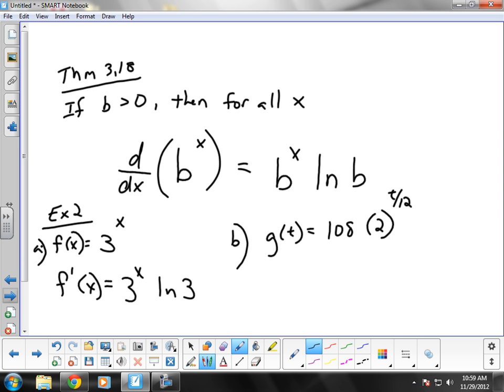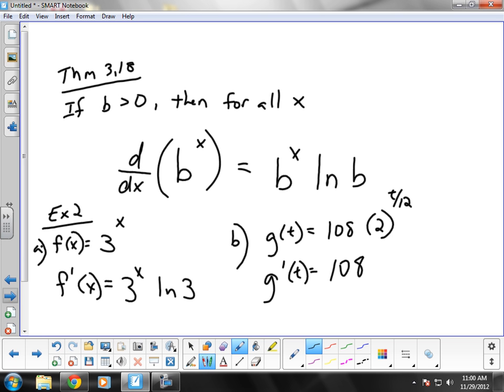It's multiplied by a number, but what do I know about all of my derivatives that I had so far that had a coefficient? You just bring it down, right? Just bring the coefficient down. So when I take the derivative of g, I'm just going to bring down the 108 just like I've been doing because it's just a coefficient and it's going to work that way every time.